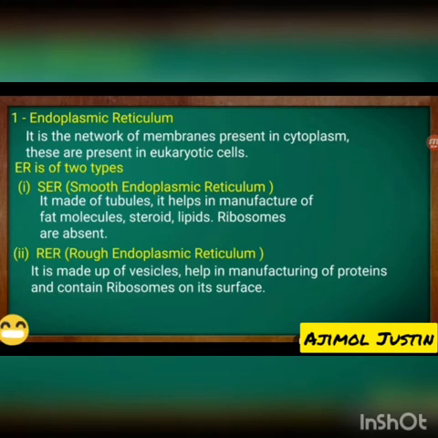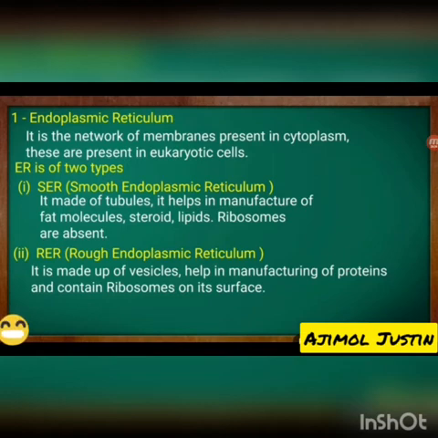The first cell organelle that you are going to learn is endoplasmic reticulum. What is endoplasmic reticulum? As the name suggests, it is a network of membranes present in cytoplasm, and these are present in eukaryotic cells.